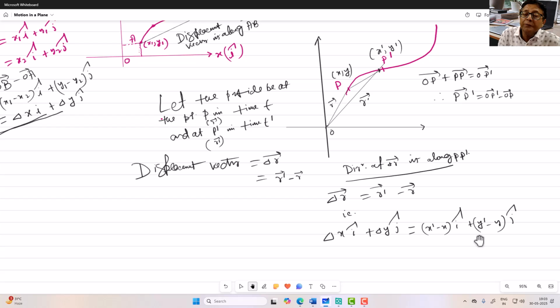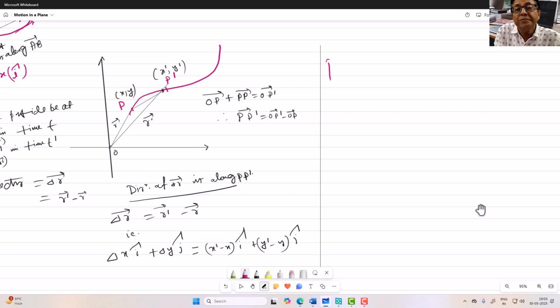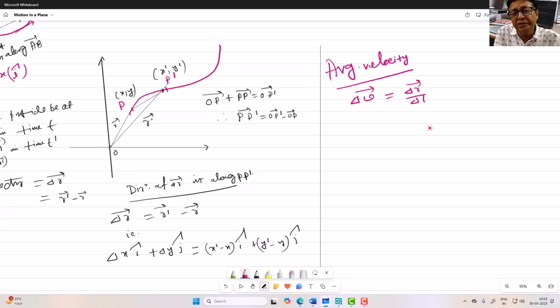Now, if we want to define from this displacement vector the average velocity vector, what is going to be that? The average velocity is like one-dimensional motion. Average velocity is a rate of change of displacement.